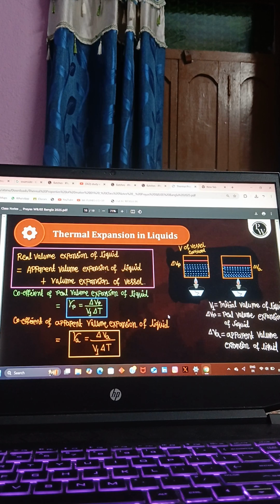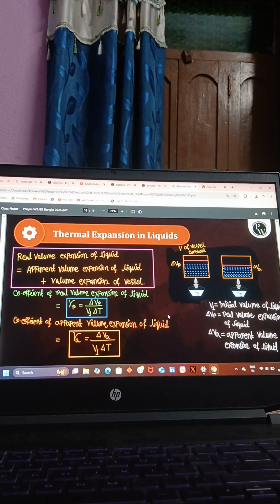The coefficient of real volume expansion of a liquid, gamma r, equals delta Vr by V1 into delta T, that is, the real volume expansion of the liquid divided by V1, the primary volume of the liquid, into delta T, the change in temperature.